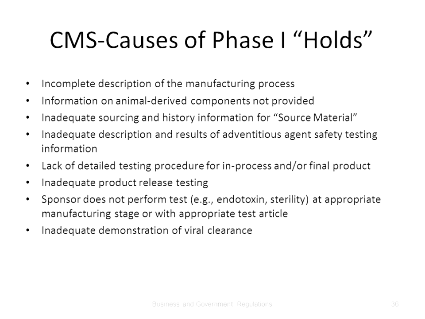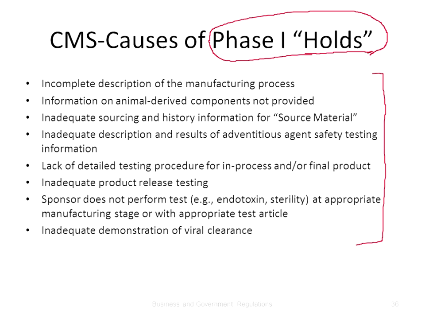Okay, so this is an important slide because what I have listed here are things that FDA has used for putting phase 1 on hold. So that means these are areas of concern to the FDA, and you don't want to have this stuff in your CMC.